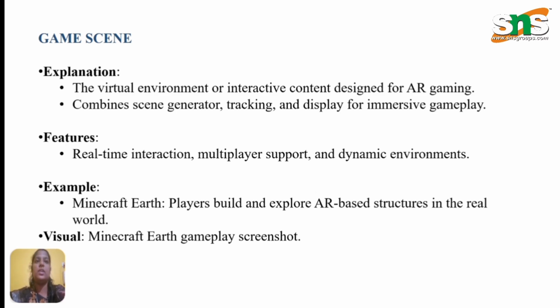First is the scene generator that creates virtual 3D content, and second is the tracking system, which aligns the digital and the real world views. The monitoring system observes user behavior and environment, the display presents the virtual visuals, and the game scene brings it all together for interactive experiences. Each of these components plays a vital role in making augmented reality work smoothly and naturally.